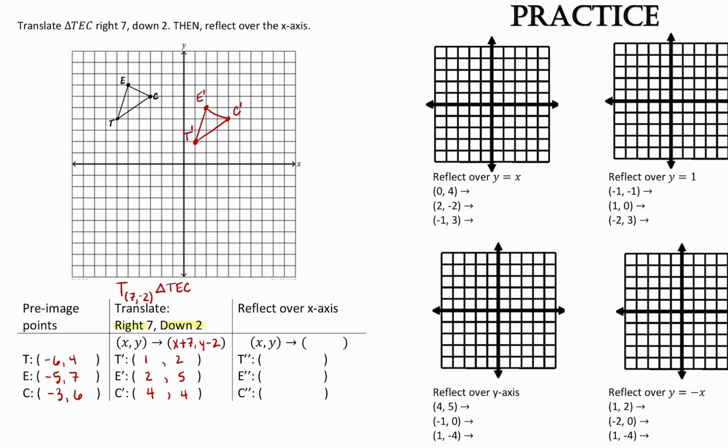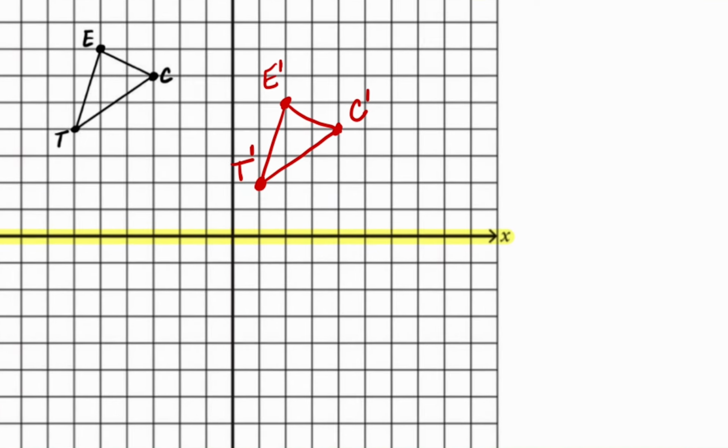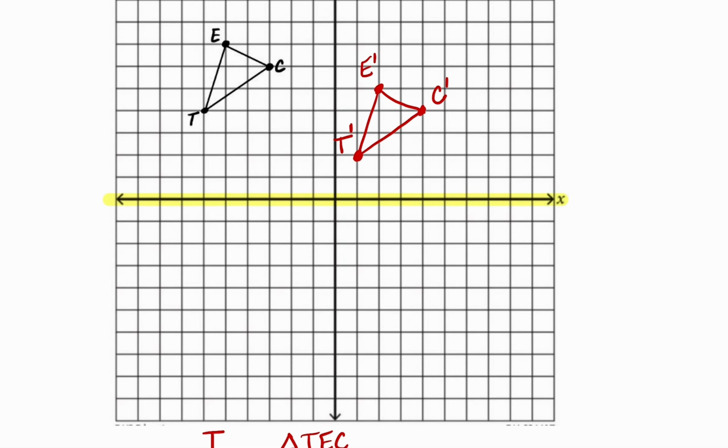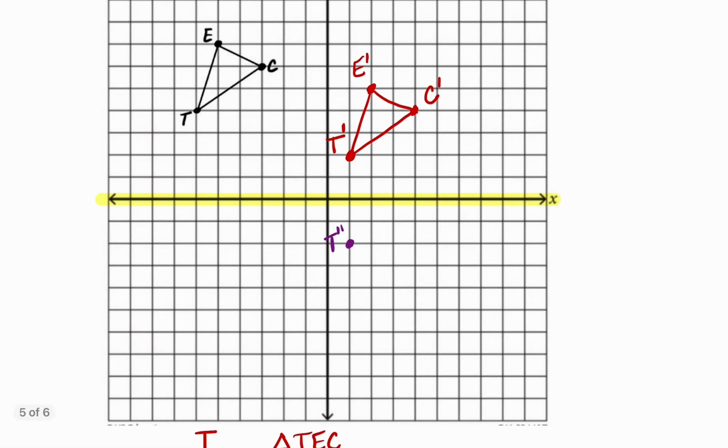So we know that our x-axis is right there. If you go just based on the graph, guys, we would say, okay, this is 2 away, so we'll go 2 below, and we get this point, T double prime. E is 5 away, so we'll go 5 below.